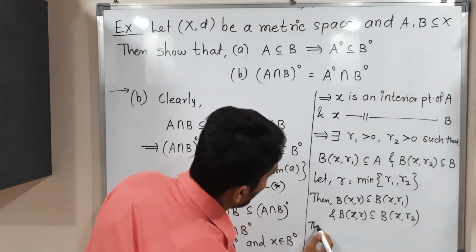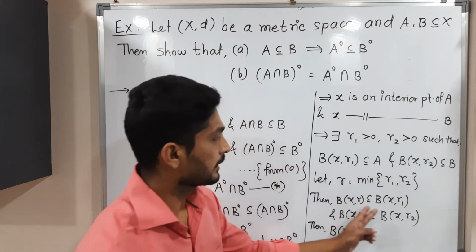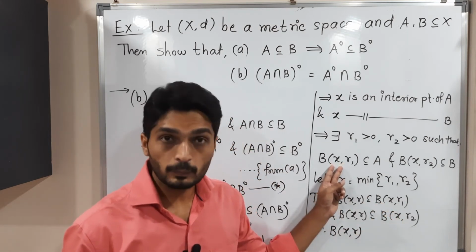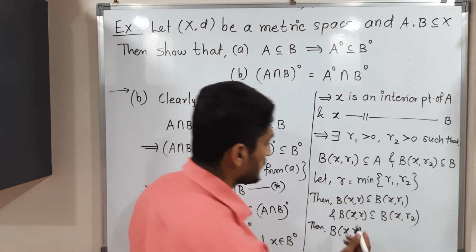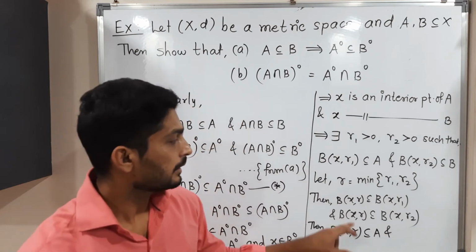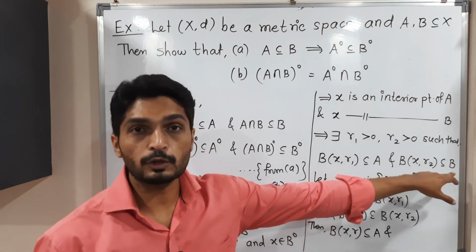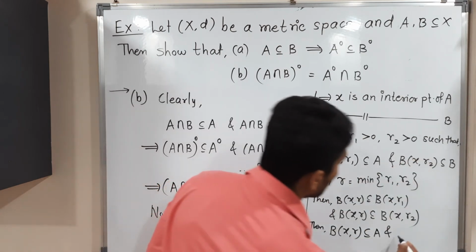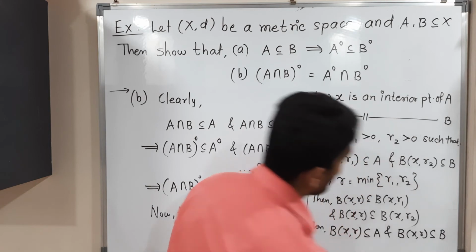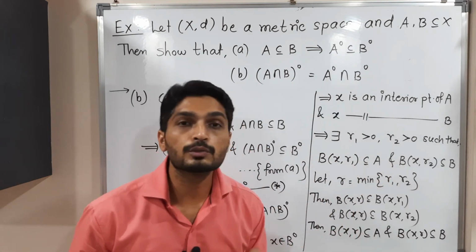Then what will happen? B(X,R) is a subset of B(X,R1) and B(X,R1) is a subset of A. If you combine, so B(X,R) is a subset of A and B(X,R) is a subset of B(X,R2) and B(X,R2) is a subset of B. If you combine these two, then we will have B(X,R) subset of B. See, in the left hand side, here also we have B(X,R), here also we have B(X,R).